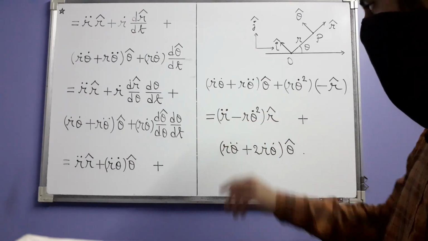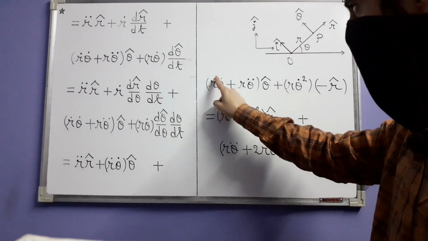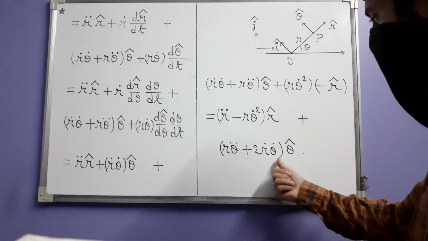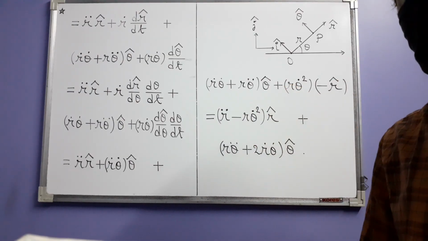So you combine them and you are going to get r theta double dot plus r dot theta dot, and there you have another r dot theta dot, so 2 r dot theta dot, outside you have theta hat. So this is your acceleration vector.